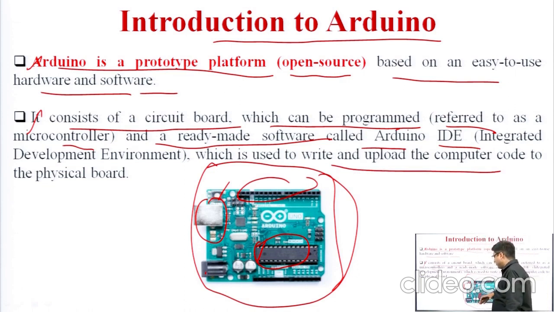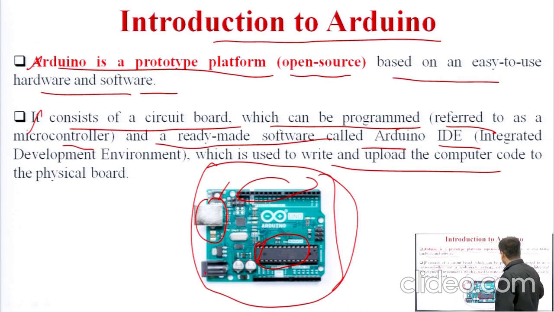So, if we want to use this Arduino circuit board for any project, what we will do, we need to program in the IDE. So, after programming in the integrated development environment, you can upload the computer code into the physical board.